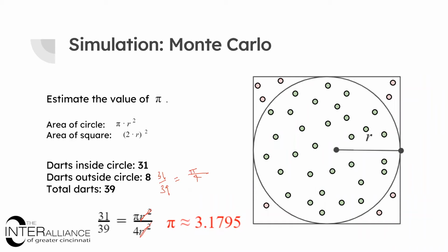I'm not agreeing that 3.1795 is equal to pi, but based on the simplification I was able to make by generating these random numbers, it's an estimate. It's a close enough guess. So does that concept of using random inputs and a simplification of the system to get an estimate make sense? Are we following?